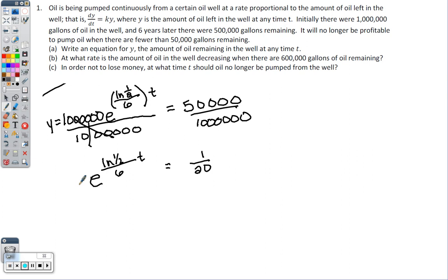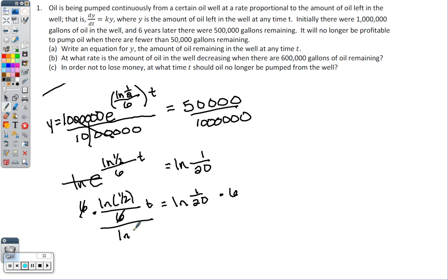We take the natural log of both sides, these cancel. We get the natural log of 1/2 divided by 6, t equals the natural log of 1/20th. And then I'm going to multiply by 6. These will cancel. And then I'm going to divide by the natural log of 1/2, and that should cancel, and that'll give me t all by itself.